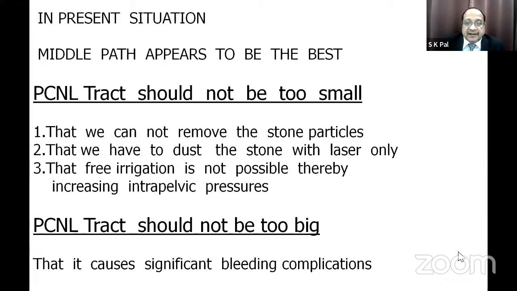It should not be so small that free irrigation is not possible and pressure will rise. But at the same time, when good instruments and good optics are available, the PCNL tract should not be so big that it causes significant bleeding complications.